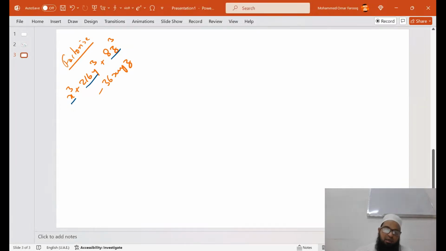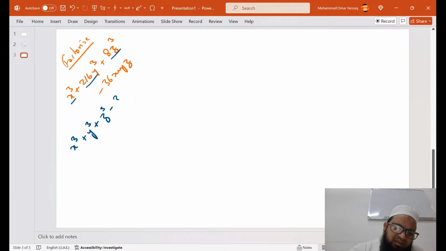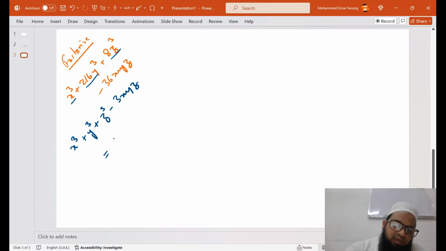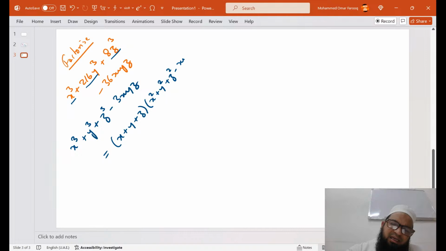So what is that identity? The identity is x cube plus y cube plus z cube minus 3xyz can be written as x plus y plus z multiplied by x square plus y square plus z square minus xy minus yz minus xz.